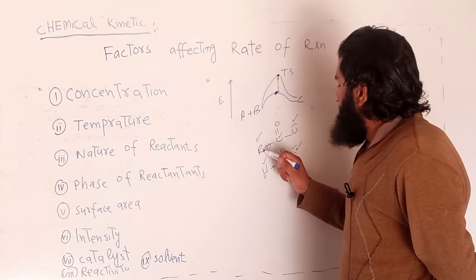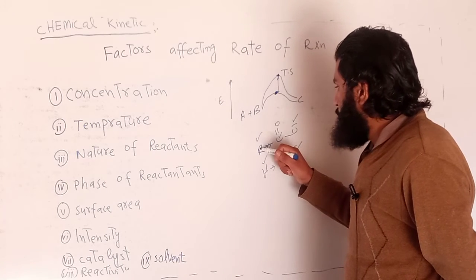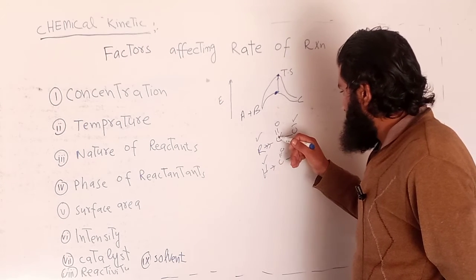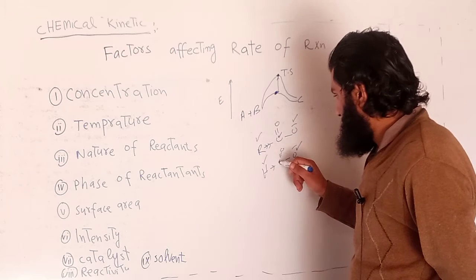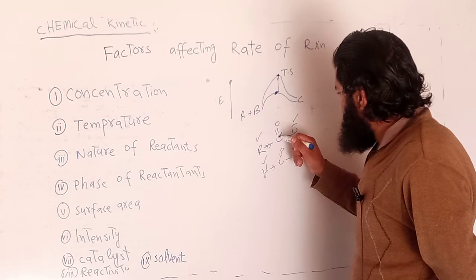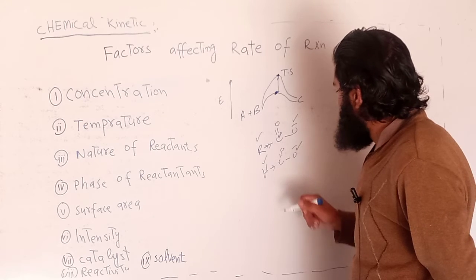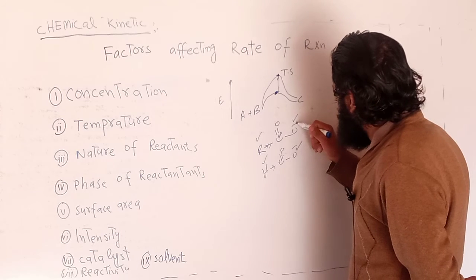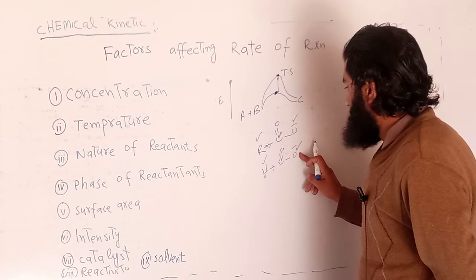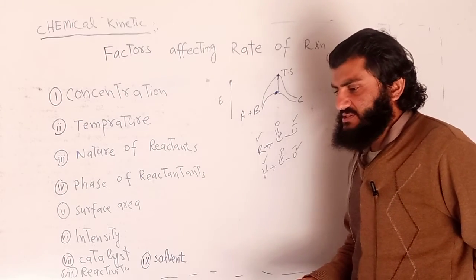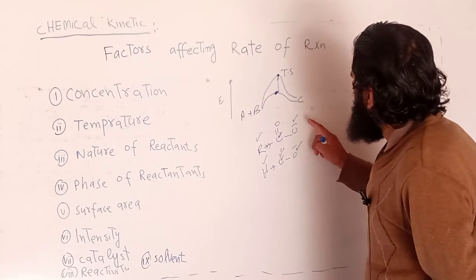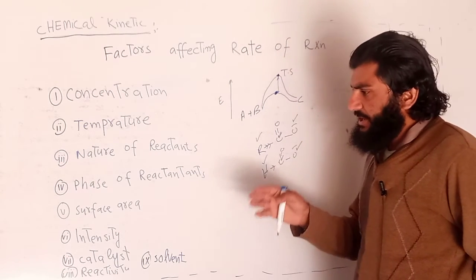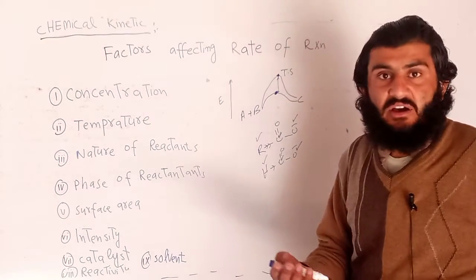The negative charge density on oxygen here is greater than on this one. If the charge density increases, reactivity increases, so this one is more reactive than that one. So reactivity also increases the rate of reaction.